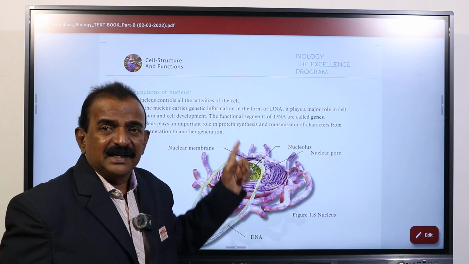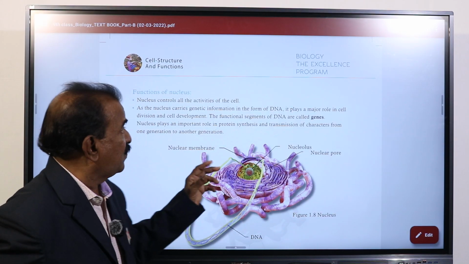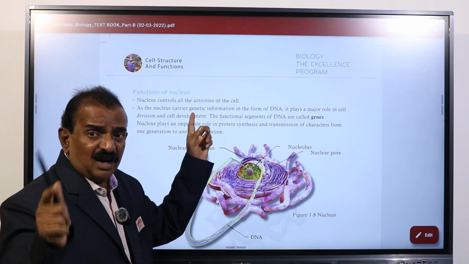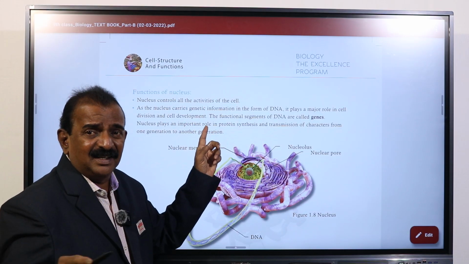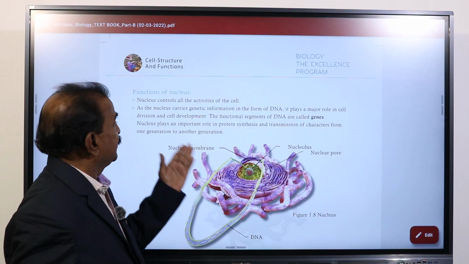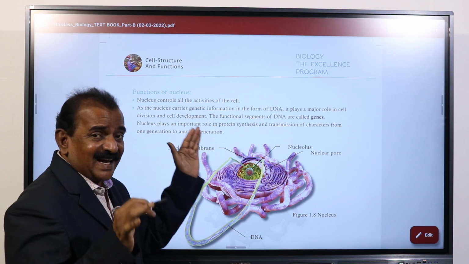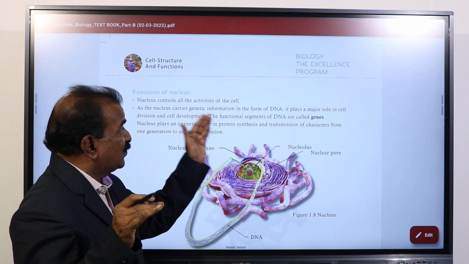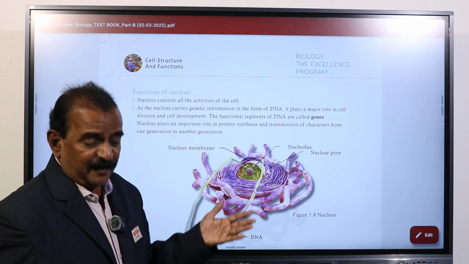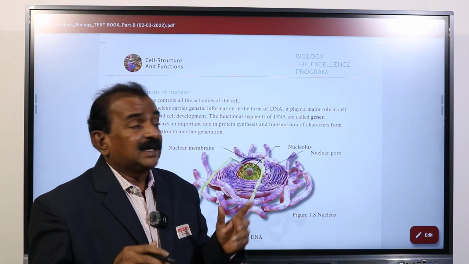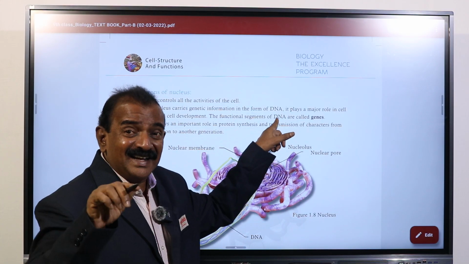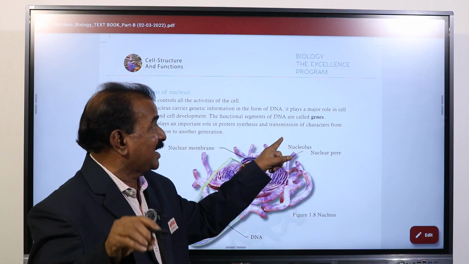Now I am reading the functions of nucleus. First, nucleus controls all the activities of the cell. So that is the reason it is called a control room. And nucleus carries genetic information in the form of DNA. Here DNA means deoxyribonucleic acid.